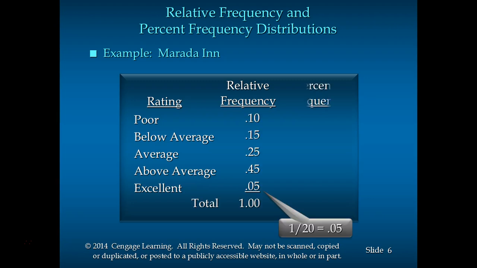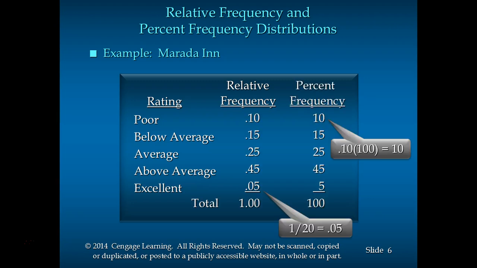Then you can convert the frequency into a percent. How do you do that? Since there are 20 total, you multiply the number by 5 to get to 100.